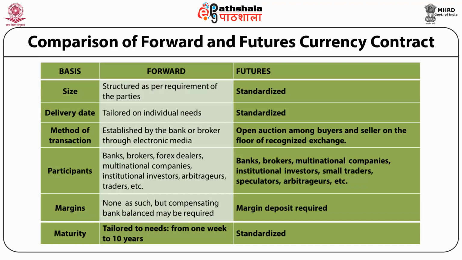The method of transaction in the forward contract is established by the bank or broker through electronic media. But in the futures currency contract, it is an open auction among the buyers and sellers on the floor of a recognized exchange.